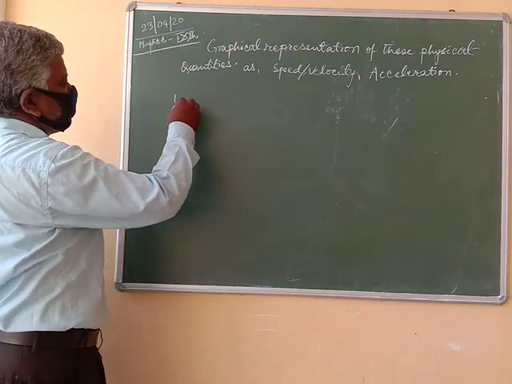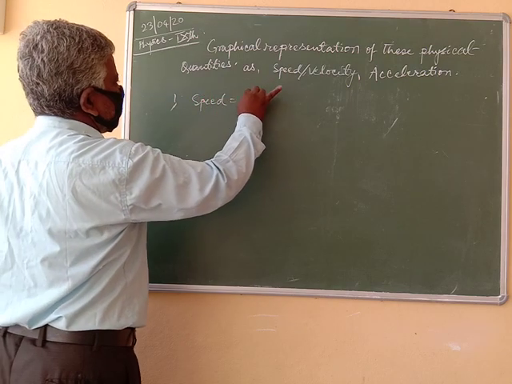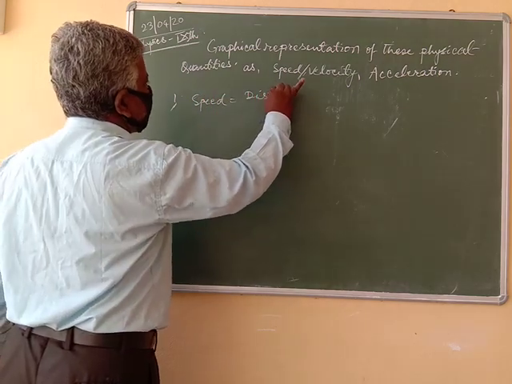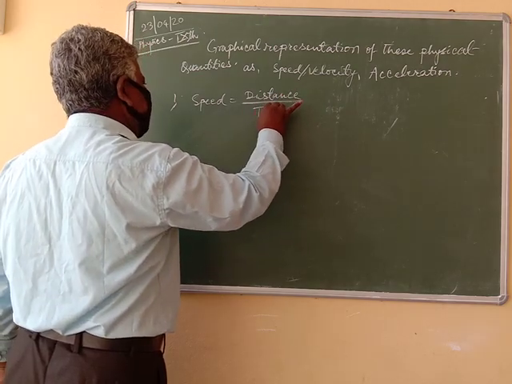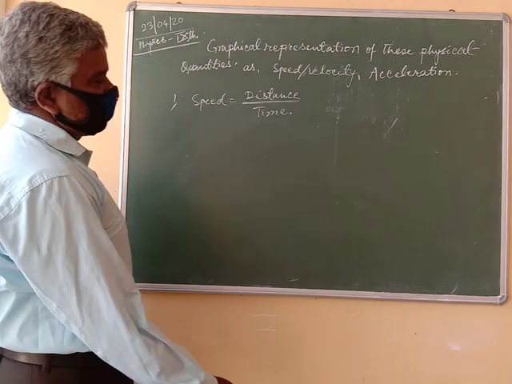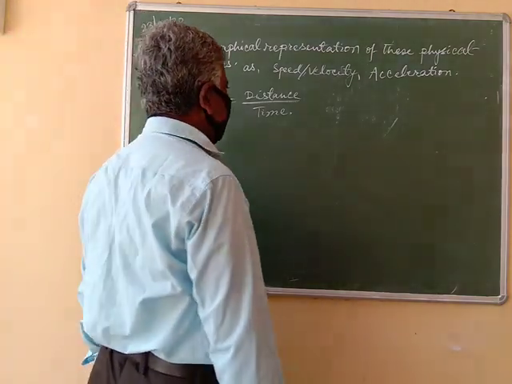For the first, speed, that is speed is equal to distance by time. So representation of speed on a distance time graph.